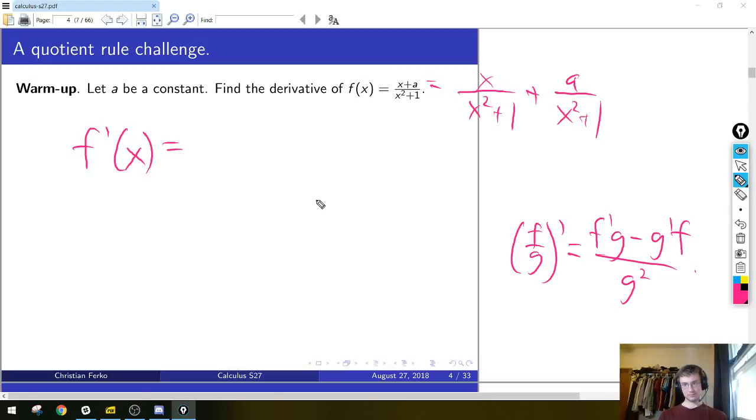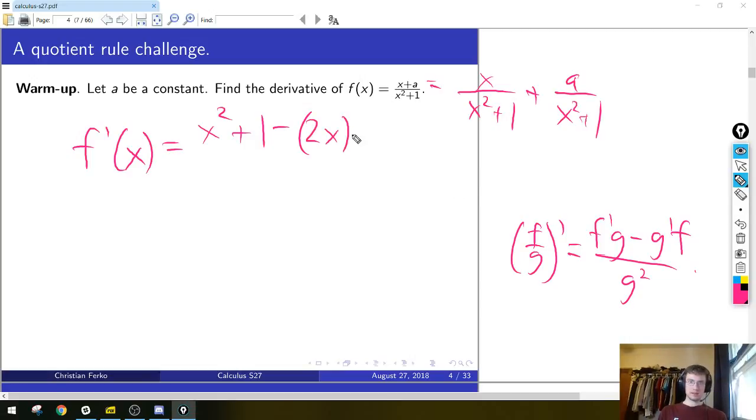Okay, so let's see. In our first function, x over x squared plus 1, it is going to be 1 times x squared plus 1, minus, let's see, the derivative of the bottom, which is 2x.